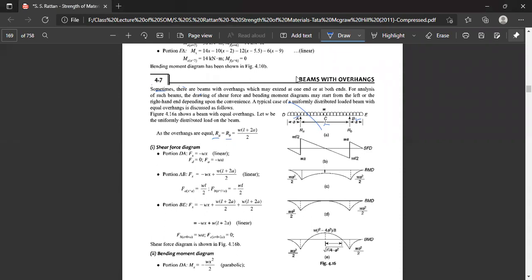RA is the reaction at the support A, and RB is the reaction at the support B. Things are very clear here, as the beam is uniformly loaded by W per unit length. So the total load over the beam is, the length L plus the length A here plus the length A here, so it is L plus 2A.